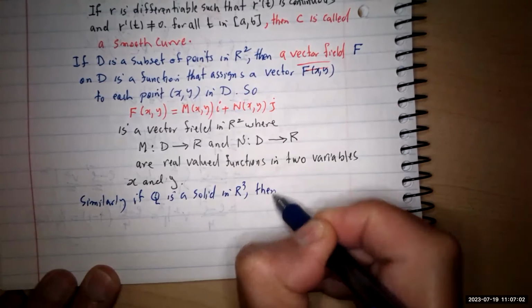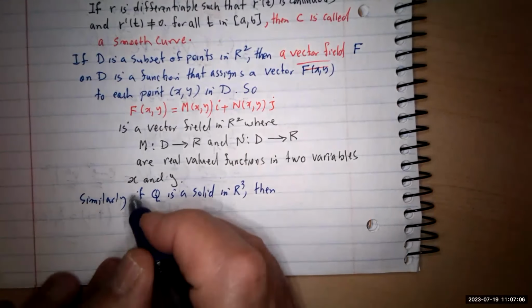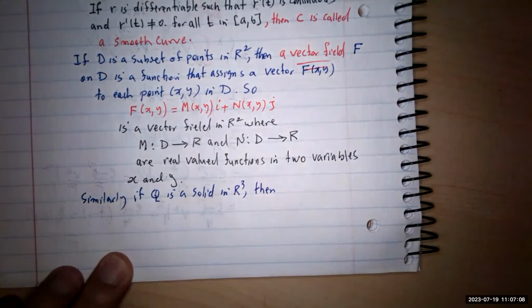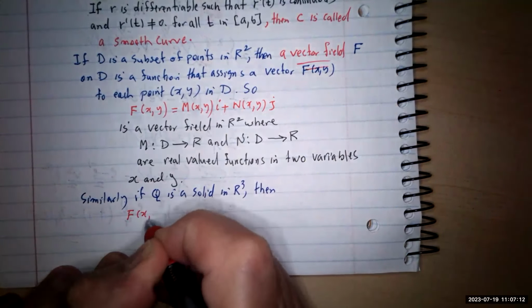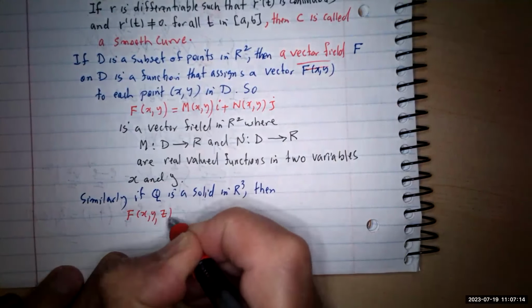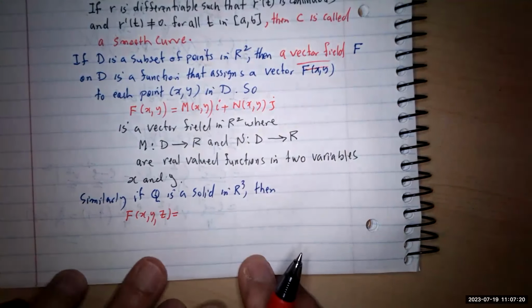Then if you have a vector field, your vector field would be a function of three variables, f of x comma y comma z. So the domain is in R3, three variables, and the range is going to be in R3 again.